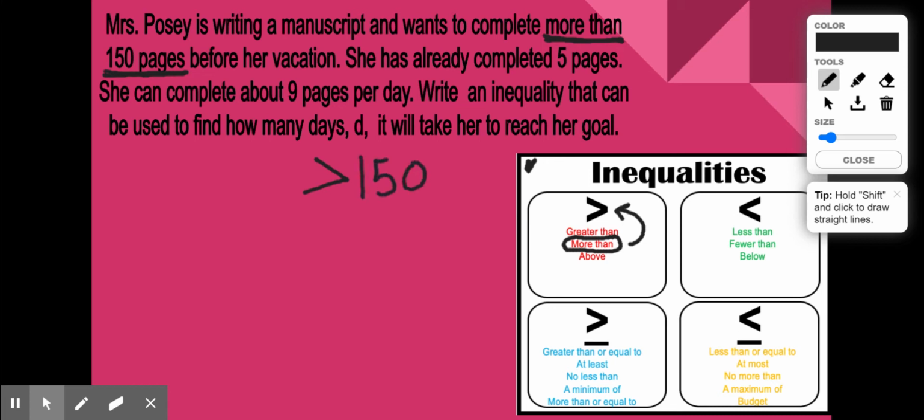This we know so far. She has already completed 5 pages. So that means she already has 5 pages. That's our beginning value, also known as our constant.